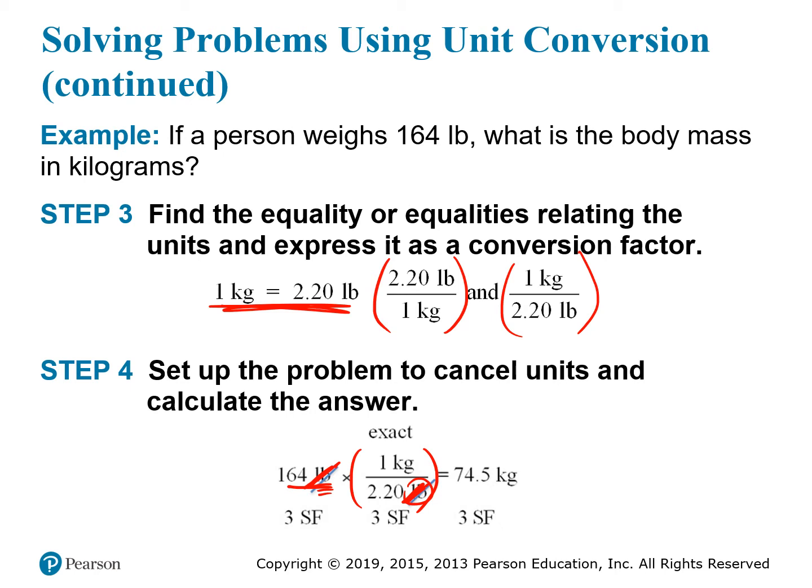The kilograms, which is the unit that you want, has to be in top of the conversion factor so that it ends up being left over when you're done. So you take 164 pounds and you have to multiply it by this second conversion factor, 1 kilogram per 2.20 pounds. You end up with an answer of 74.5 kilograms once you round to the appropriate number of significant figures.